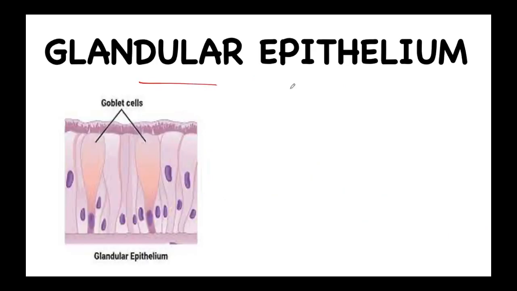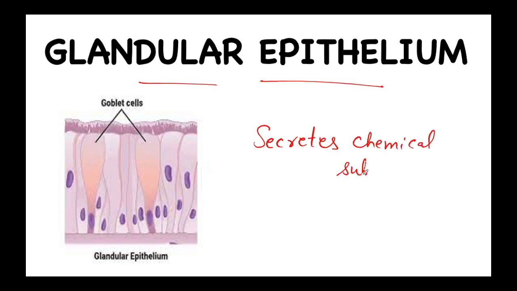Next type is glandular epithelium. It is a type of columnar epithelium only. Glandular epithelium secretes chemical substances and it is located in the inner lining of stomach and intestine.